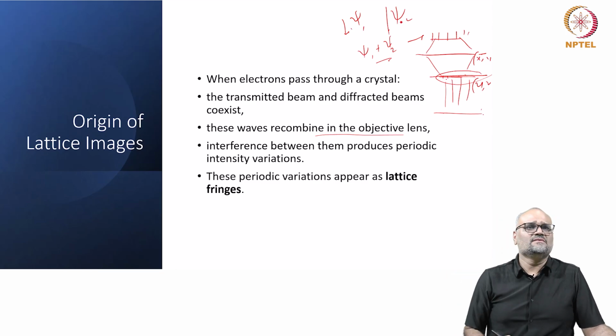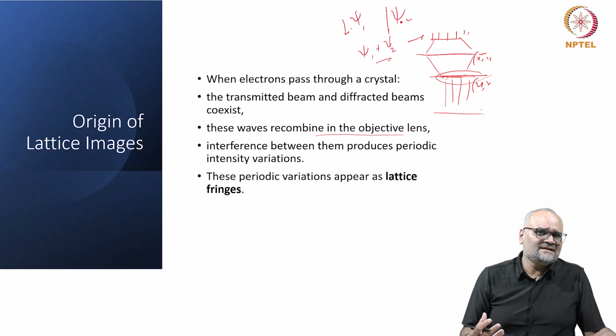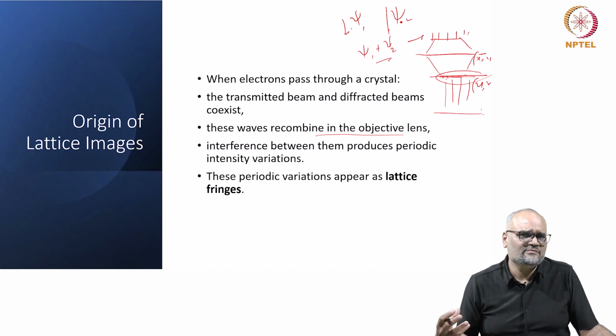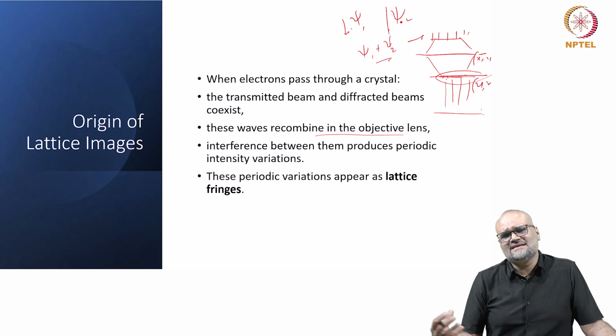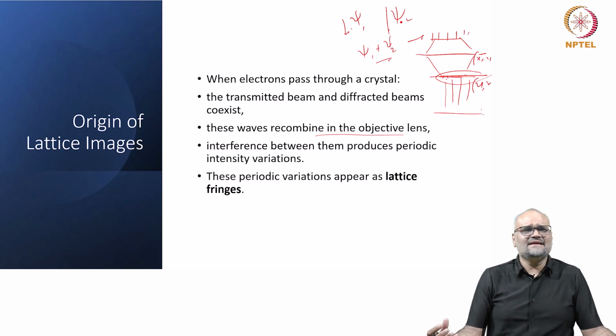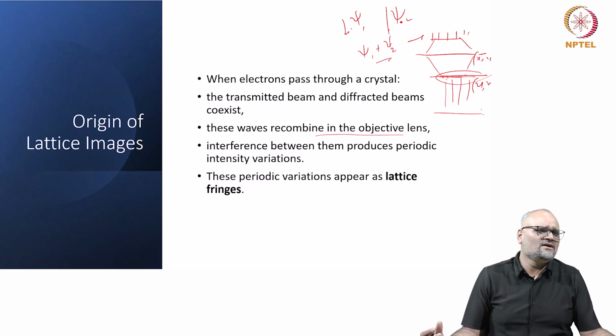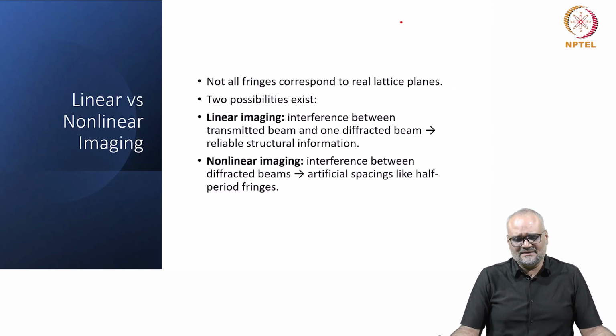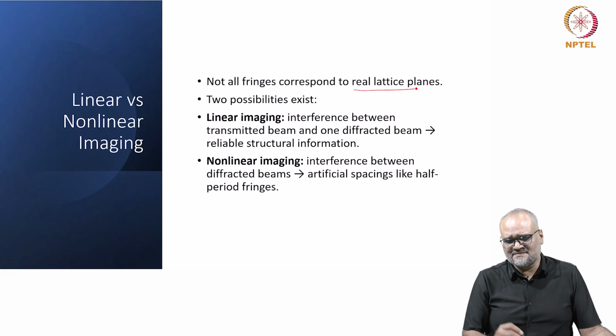Okay. So, to understand these interference patterns that are generated in an HREM micrograph, there are theories called the linear imaging theory versus the non-linear imaging theory. Let us understand the foundations of this concept. Not all fringes that are recorded in an HREM micrograph actually correspond to real lattice planes.